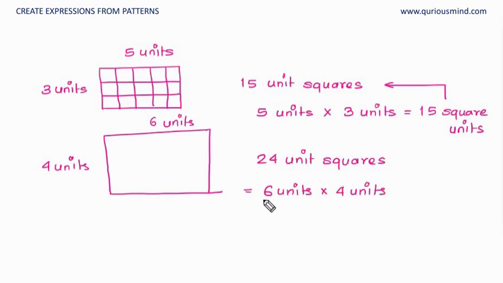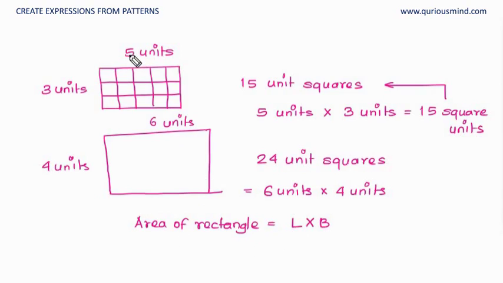And so looking at this pattern, what we got was the formula for area of rectangle. And that formula was length into breadth. Length 6 units, breadth 4 units. So if I replace these values, I get 24 square units, the area of the rectangle.